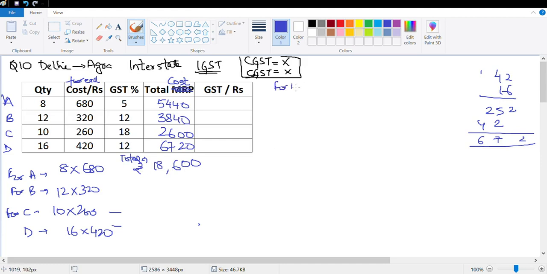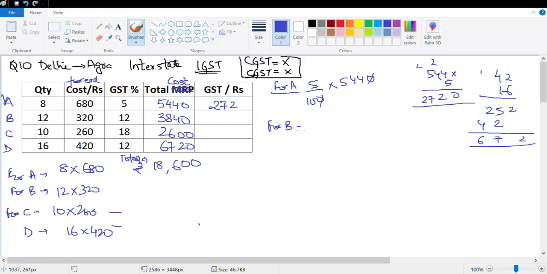Perfect. Now let's calculate GST. So for A, it is 5 upon 100 into 544. That's 272. For B, it will be 12%.